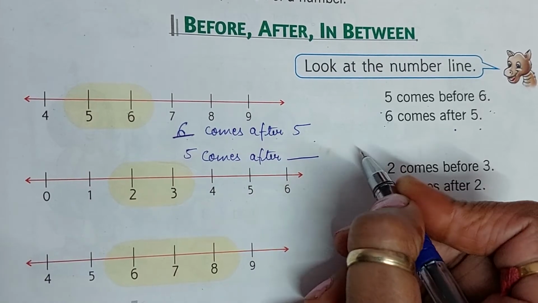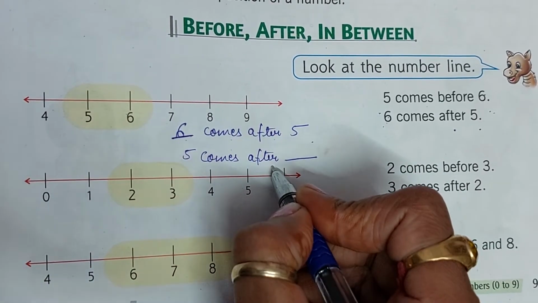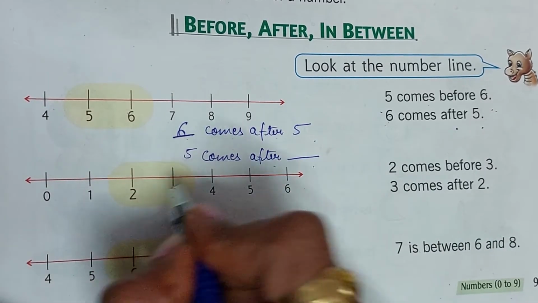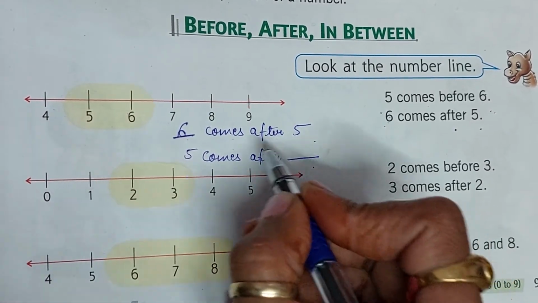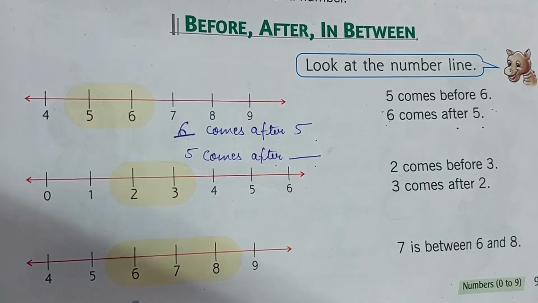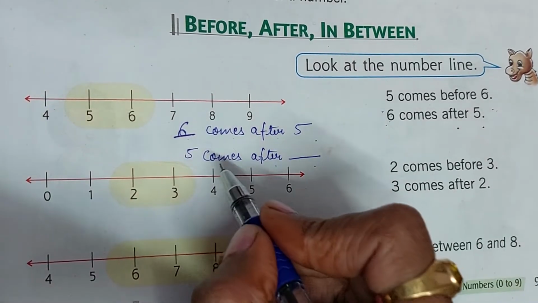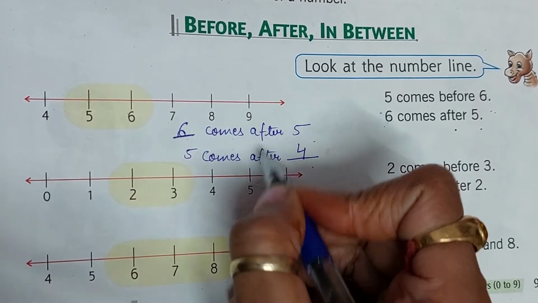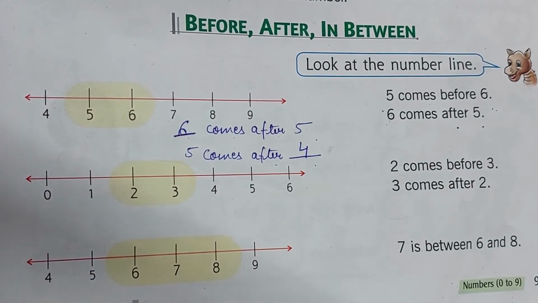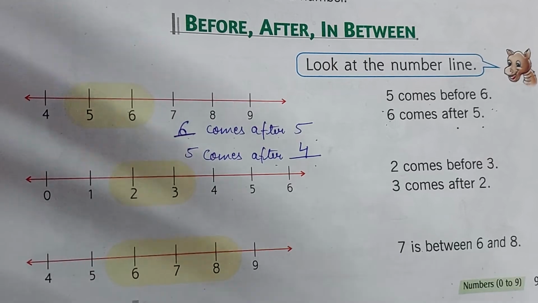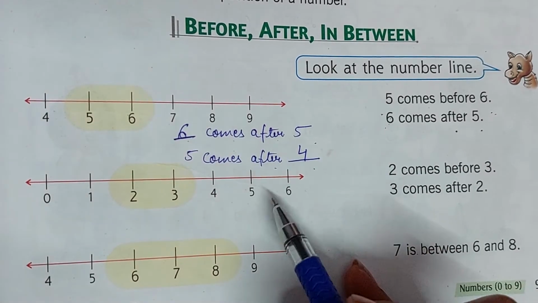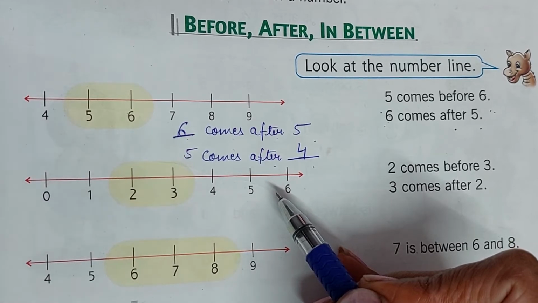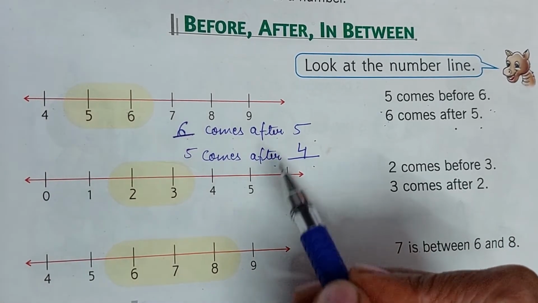But 5 comes after what? It means you have to choose the before number. Don't look only at the word after. If after is there, it doesn't mean you have to write the after number. 5 comes after 4. This is the difference between these two ways of asking. Don't look only at after and before. You should read the full sentence and then give the correct answer.